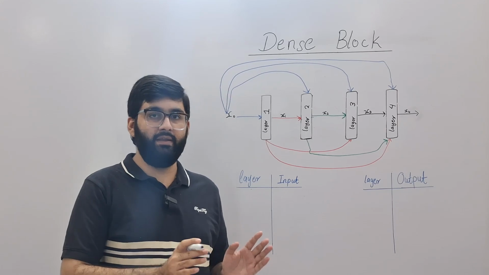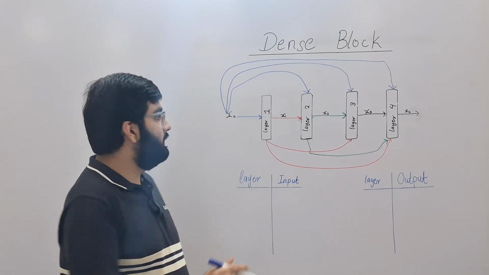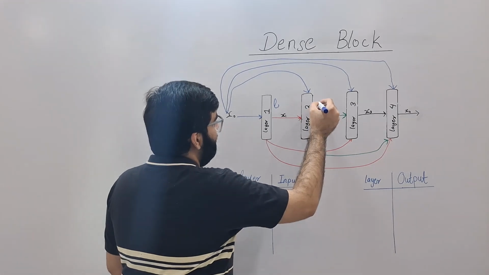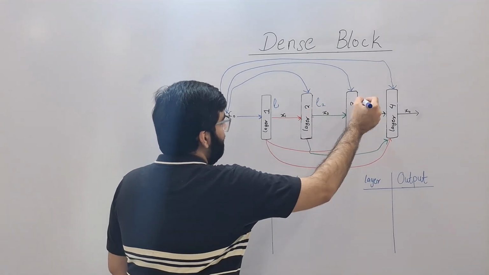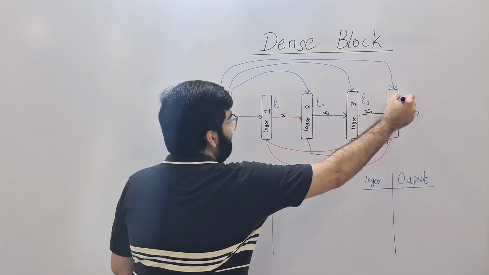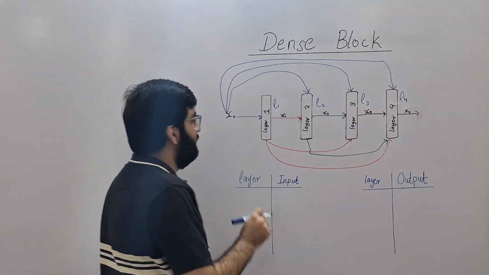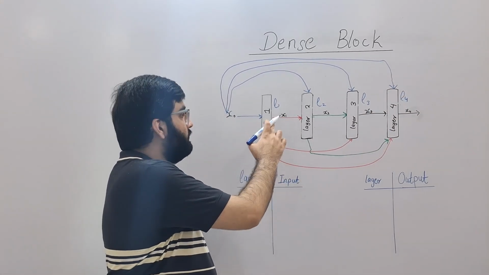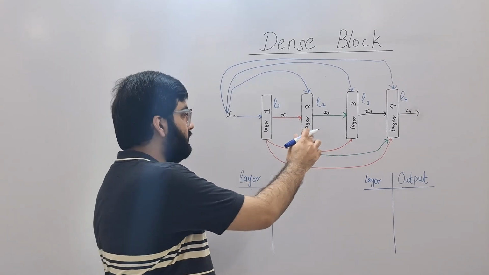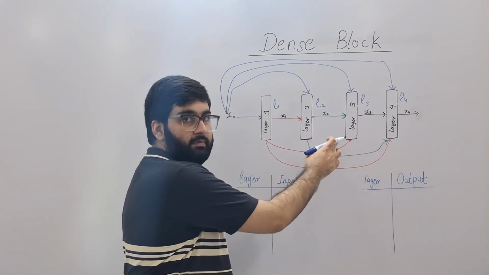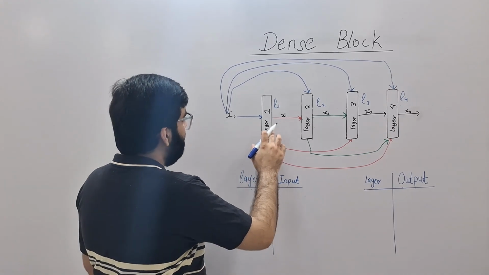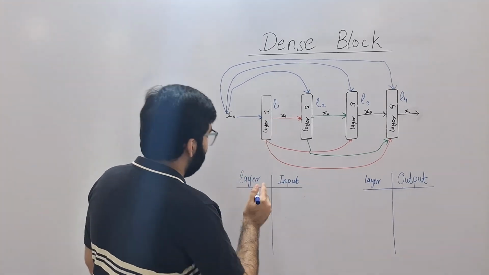Let us look at a dense block with 4 layers. Let the first layer be L1, the second layer be L2, the third layer be L3, and the fourth layer be L4. Here x0 is the input image, x1 is the output of layer 1, x2 is the output of layer 2, x3 is the output of layer 3, and x4 is the output of layer 4. The input to layer 1, L1, is the input image.